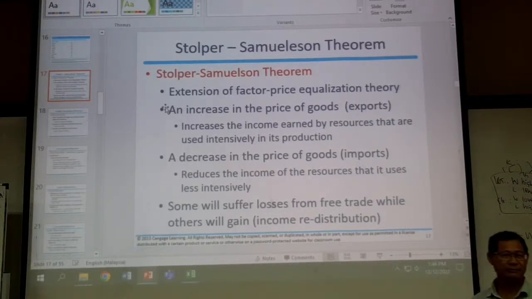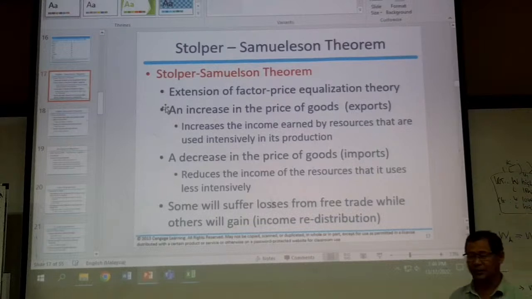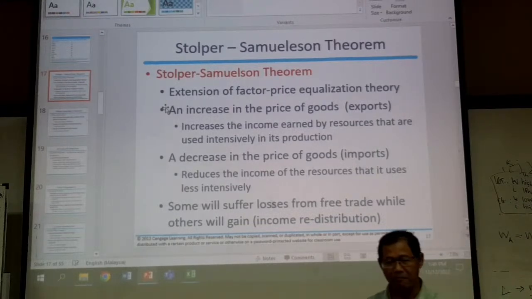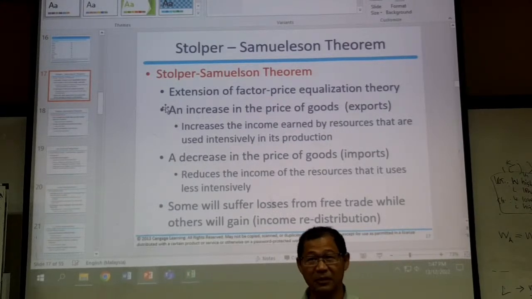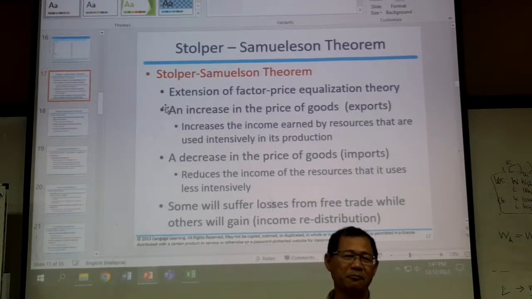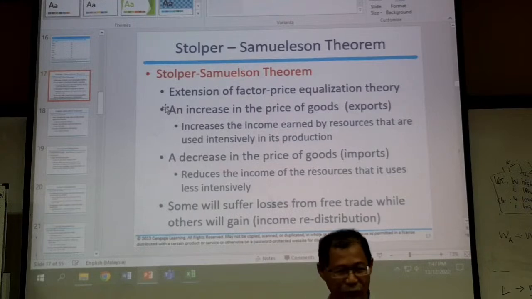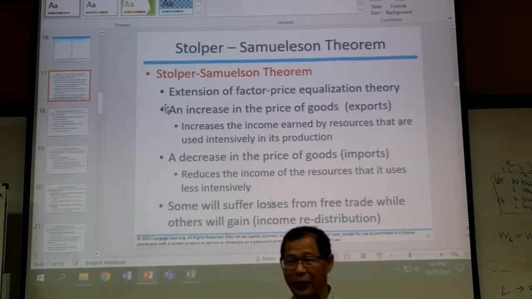Another son, another daughter. "Mom, I want to invest my money in the New York Stock Exchange." "Son, I learned from Stolper-Samuelson. You don't have to bring your money to New York or Hong Kong or Singapore, anywhere.